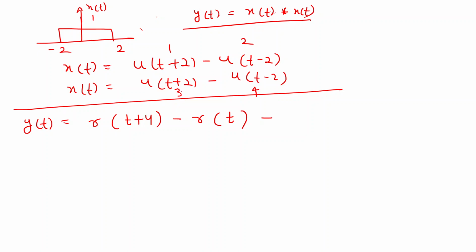Then again 2 should be multiplied with 3, that should be r of t again. And the last becomes r of t minus 4.